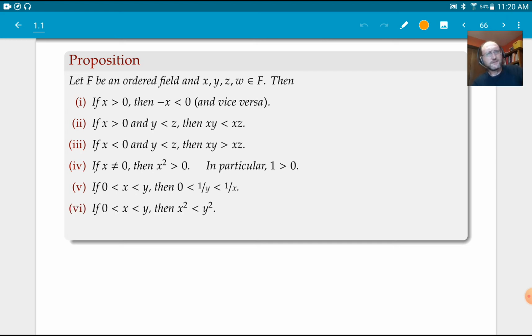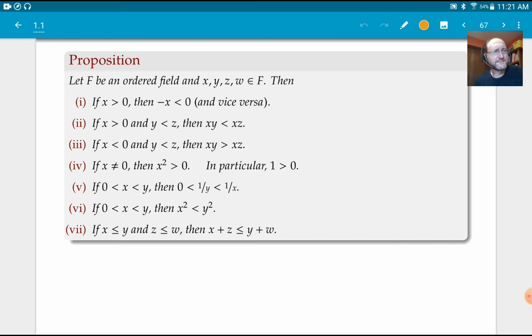I can also, so this is a slightly more general version of 2, right? If I have x is less than y, and let's suppose they're both positive, I don't have to multiply both sides by x. I could multiply one side by x and one side by y, right? And I would get, so if x is less than y, I have x squared is less than y squared, right, for positive numbers. You get the opposite for negative numbers, but all right.